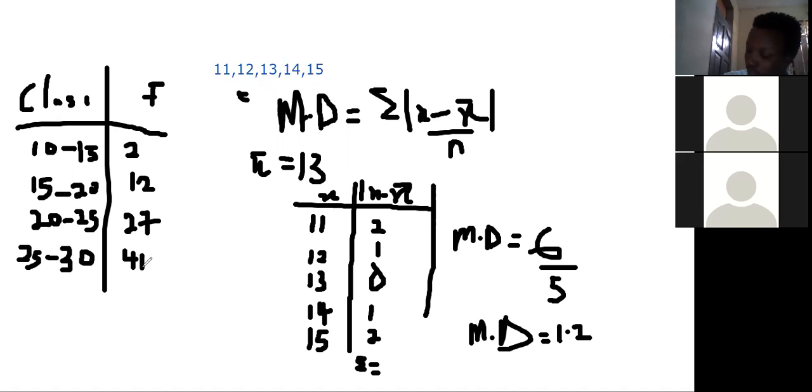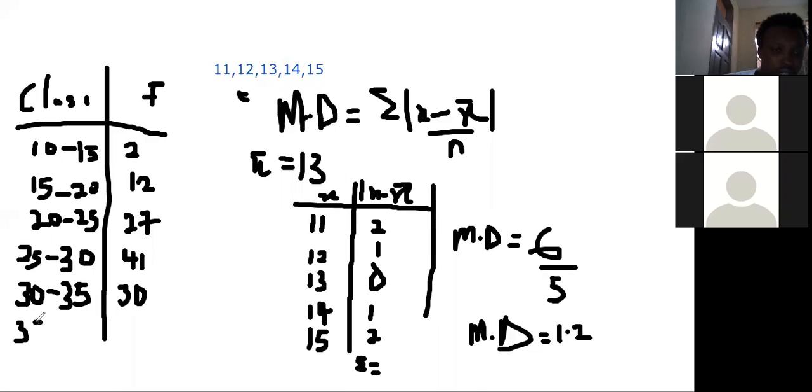Then we have 30 to 35, and that one is 30. Then we have 35 to 40, that one is 7.